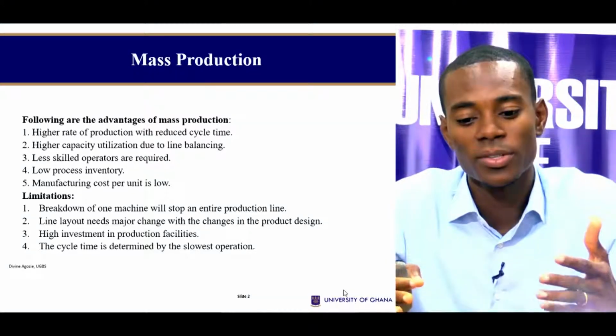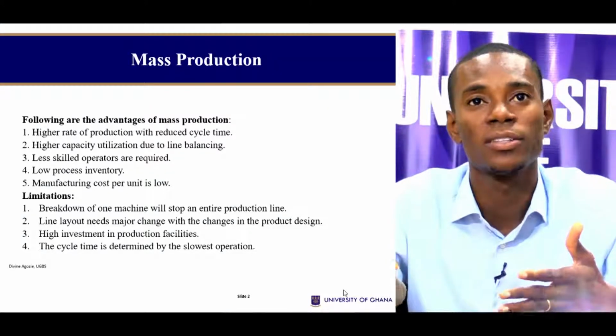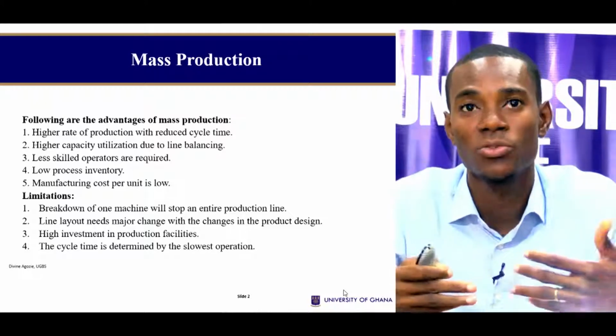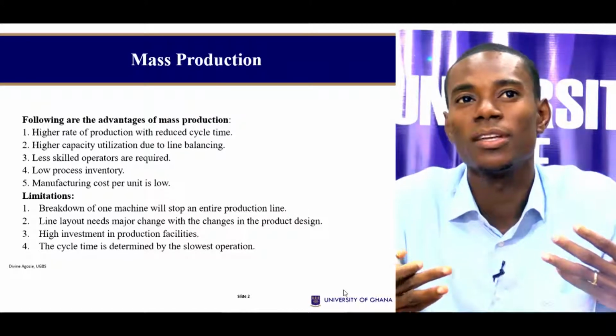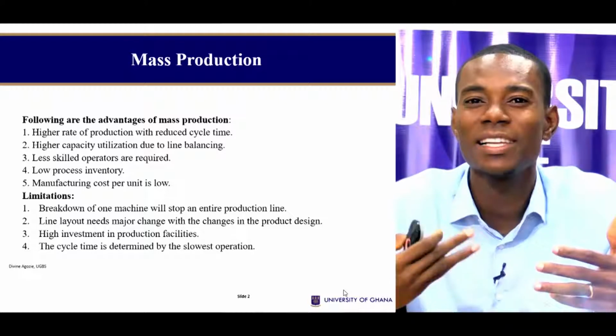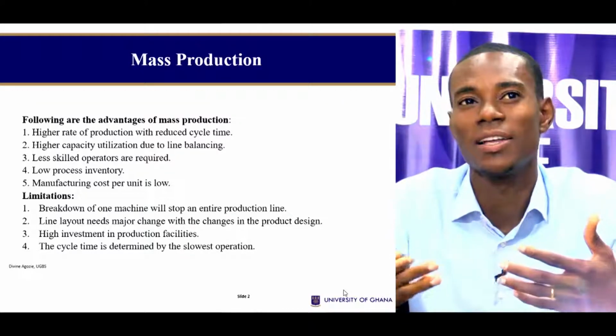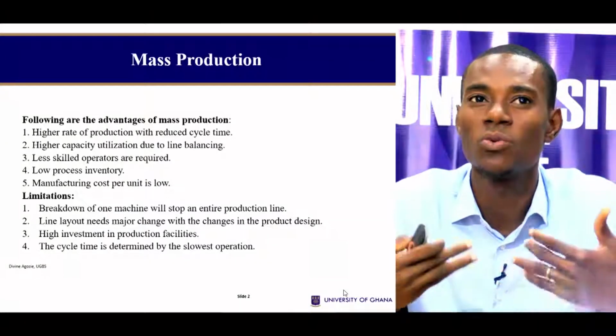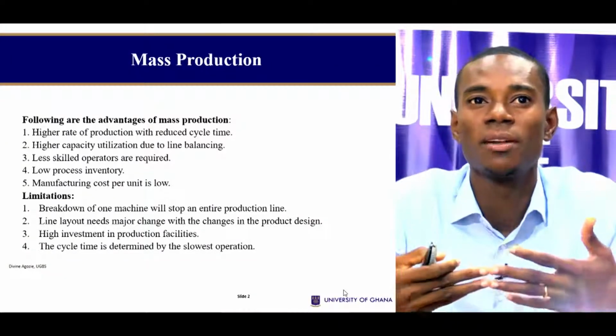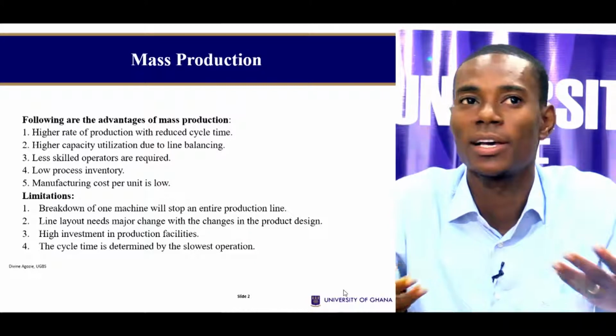Once there is a certain delay in any of the workstations, the entire production process is going to be disrupted. And so you notice that everything flows, and you hardly find work piled up at a certain station waiting to be done. And so it reduces the work in process inventory. Manufacturing per unit cost is low, like I said earlier.